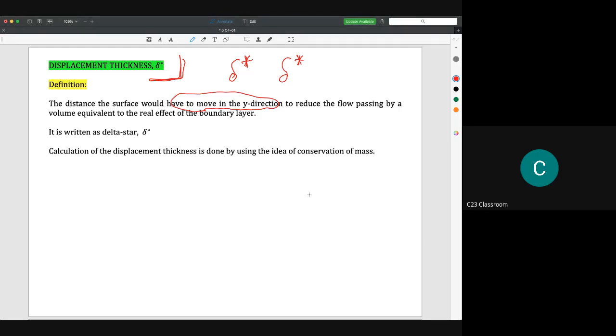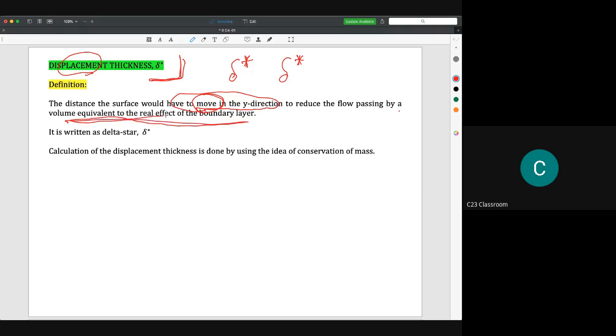From the definition, you know that this is a distance, because thickness is a thickness. But the displacement here means a distance that you need to move in the y direction, still in the y-axis, to reduce the flow passing by a volume equivalent to the real effect of the boundary layer.